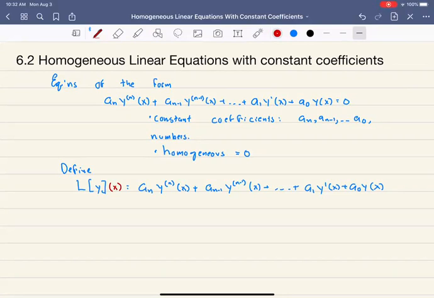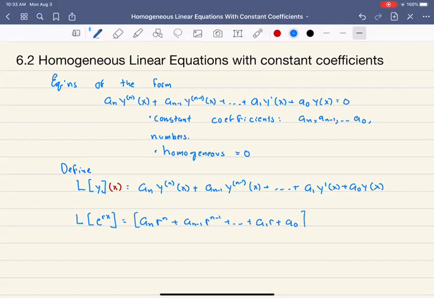Now all we're going to do first is make a guess. Our guess is L of e to the rx, which is going to equal a sub n r to the n plus a sub n minus 1 r to the n minus 1 plus a sub 1 r plus a sub 0.